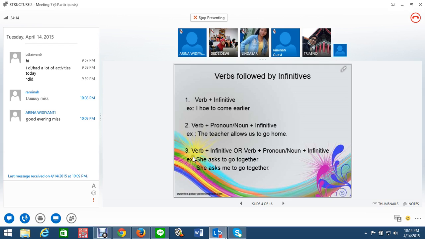And the third is verb plus infinitive, or verb plus pronoun or noun plus infinitive. So it's like a combination of these. The example is: she asked me to go together. She asked me to go together is referring to this, right?